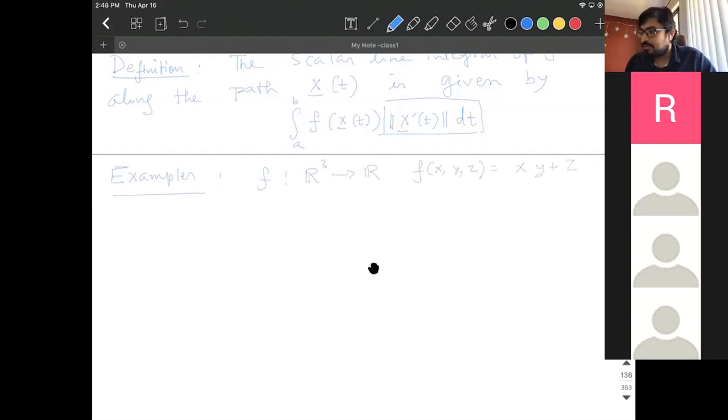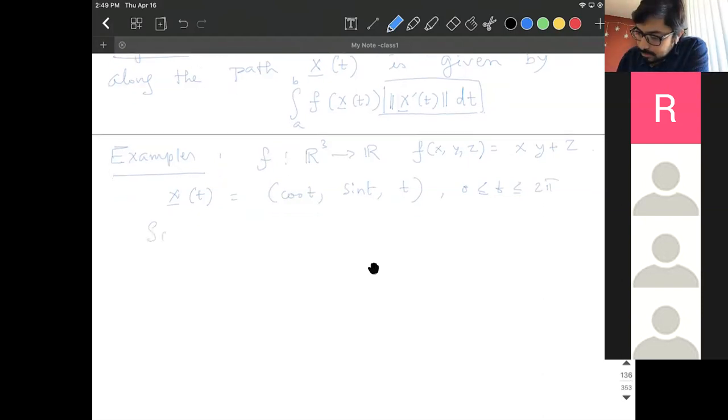So this is my scalar field or the scalar function. And my x of t is given by cosine of t, sine of t, and t, the helix. Okay, so this is 0 less than or equal to t less than or equal to 2 pi. So we want to compute the scalar line integral along this helix for this function.